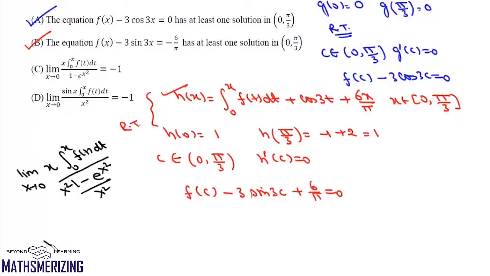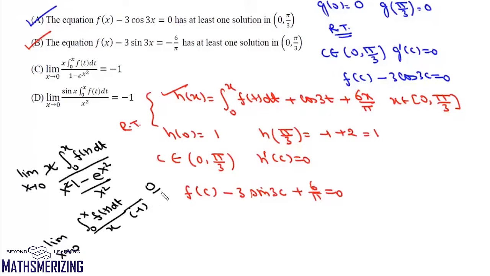Now we can rearrange this limit as the limit x tends to 0 of the integral from 0 to x of f(t) dt upon x, into the standard limit (e to the power x squared minus 1) upon x squared, which is 1, and here it is 1 minus e to the power x squared, so this value will be simply minus 1.